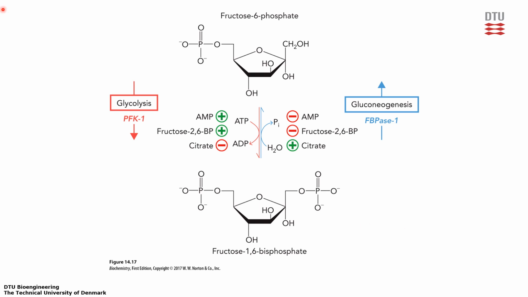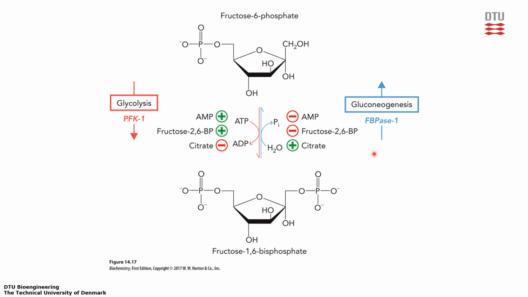As mentioned before, the enzyme fructose 1,6-bisphosphatase is regulated the same way as the phosphofructokinase. As you can see here, citrate is an inhibitor of the kinase, and it's an activator of the phosphatase. And the opposite way with fructose 2,6-bisphosphate and the AMP and ADP levels.